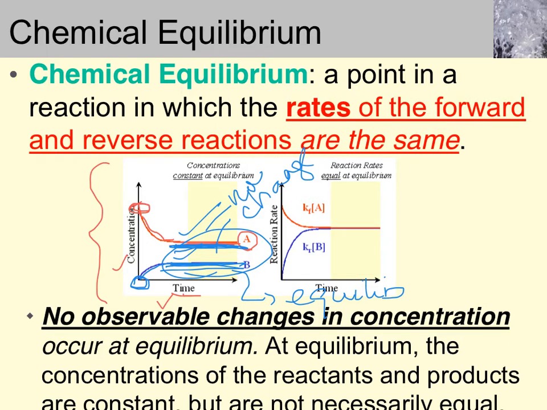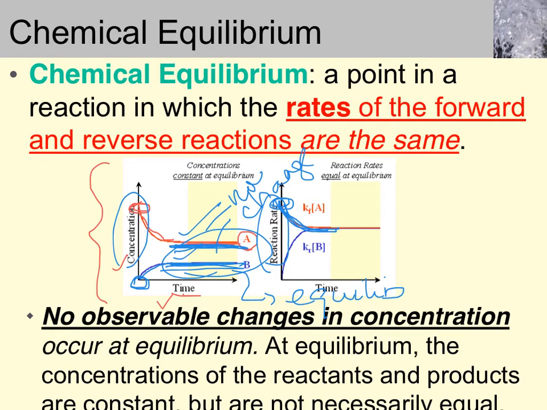Now let's look, instead of plotting concentration on the y-axis, let's put the rate of reaction on the y-axis. Let's look at the rate of the forward reaction first. The rate of the forward reaction is at its highest at the beginning when the concentration of reactants are highest. The rate is going to decrease as the reactants get used up and there are fewer collisions.